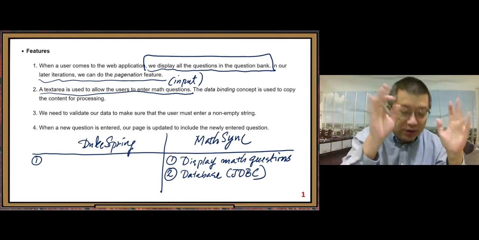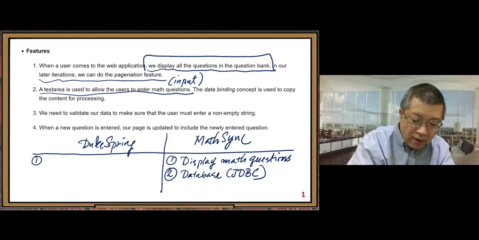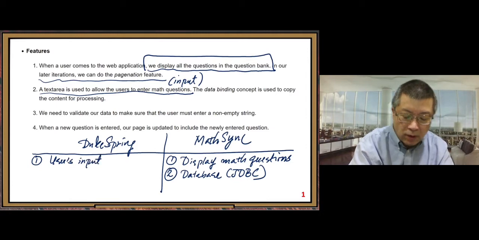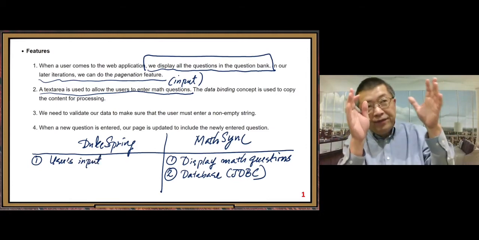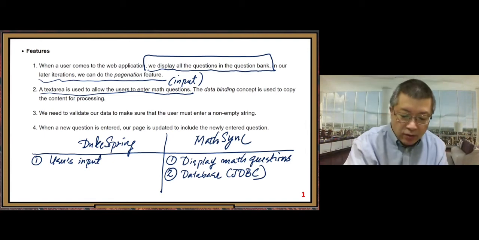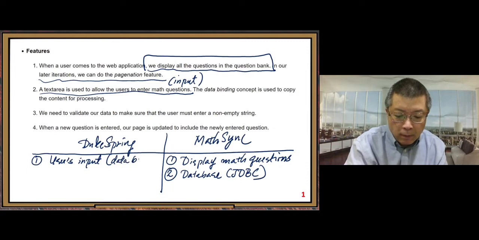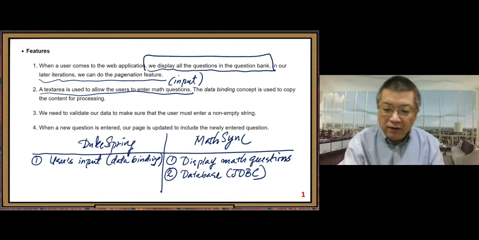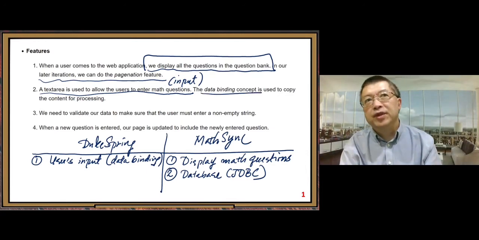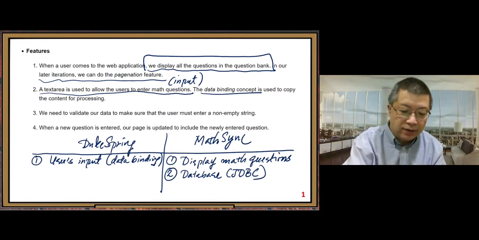So we use the user input from Duke Spring. But when the user provides input, we do the data binding. So the data binding feature we use in that user input part, to copy it.